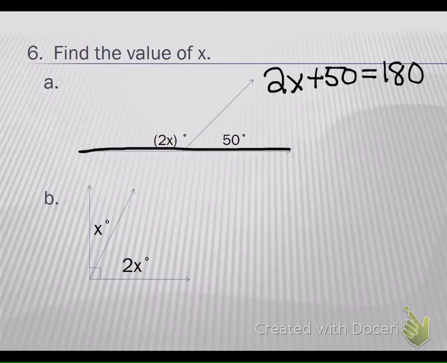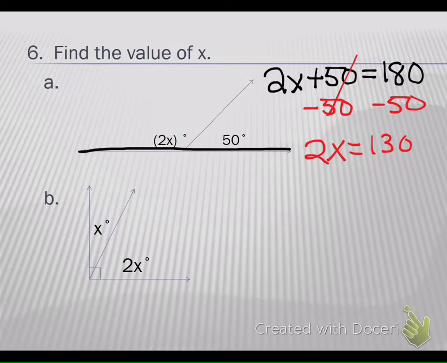How do I solve for the variable? Subtract 50 from both sides. So 2x equals 130. Then what? Divide by 2, divide by 2, and x equals 65.